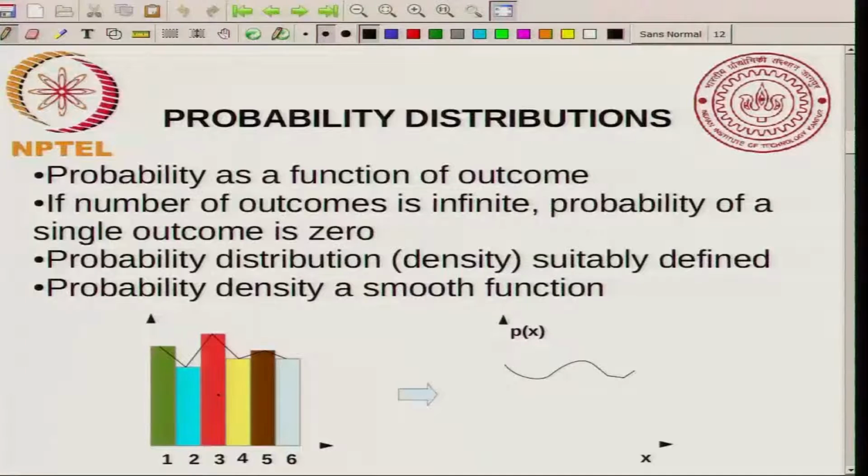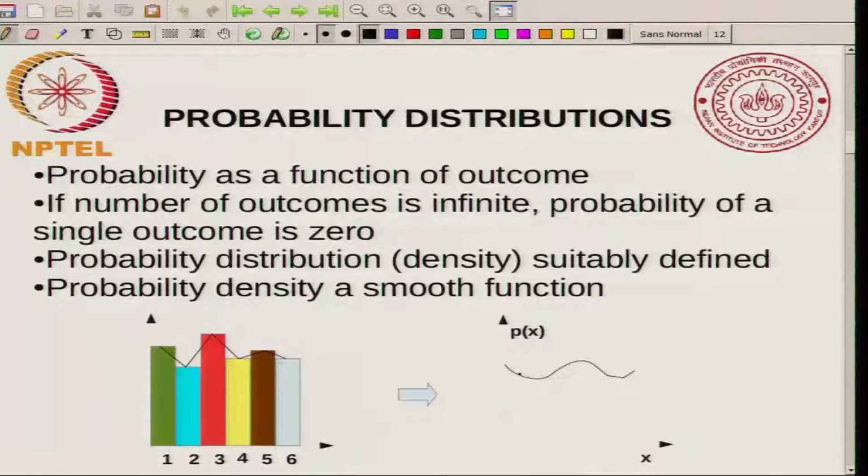But if you had the case where instead of 6 you had infinitely many outcomes. So for example, if this is the p, then you imagine this is called a probability distribution p of x, and x is the x axis, and what you have is, instead of having these discrete jumps, you have a smooth function. Because x can take any of these values, for each of those values you have a certain value of the probability function.